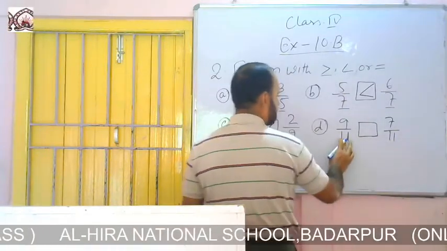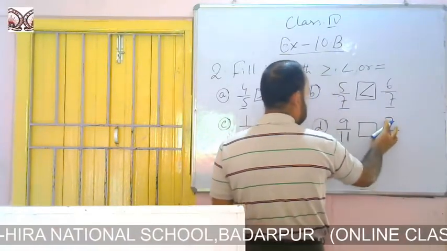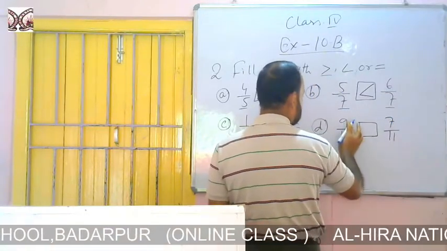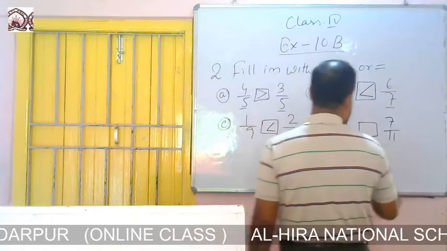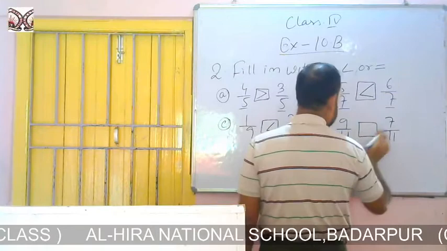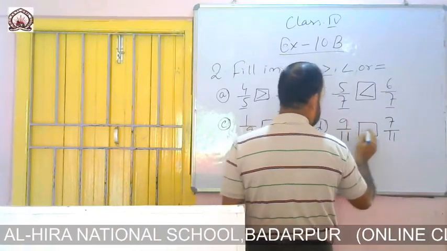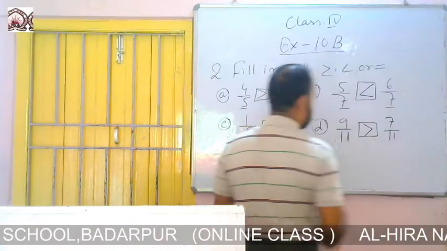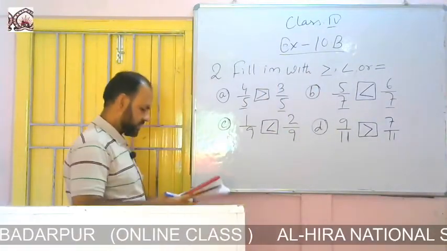So what to do? We compare the numerators: here 7, here 9. Numerator 9 is greater than 7, so 9 by 11 is more than 7 by 11.